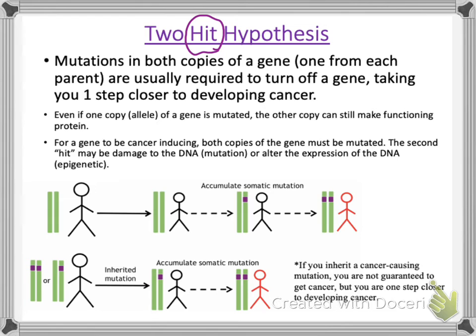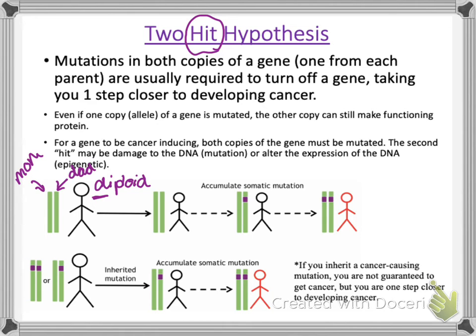So it's important to remember that as humans, we are something called diploid. And what that means is we have two copies of every gene. One chromosome came from the mom, and one chromosome came from the dad in the sperm. So we have two copies of every gene.